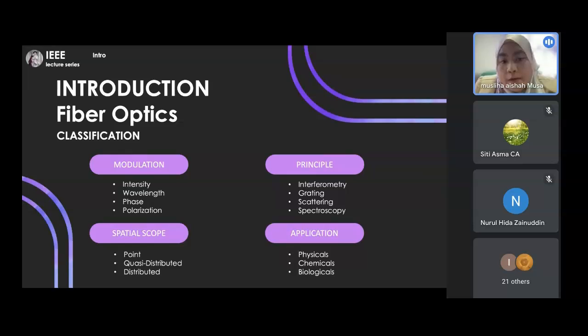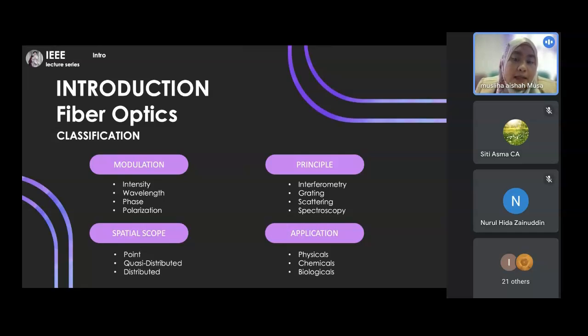Okay, we can classify the fiber optic sensor in 4 ways. The first one is in terms of modulation, in which the optical signal properties are changed because of the perturbation. This includes intensity, wavelength, phase, and polarization.